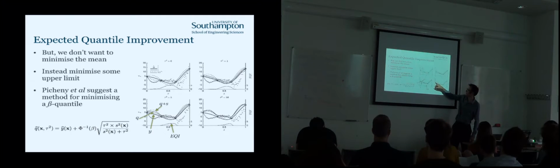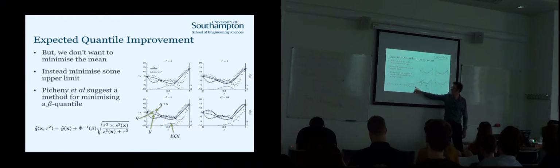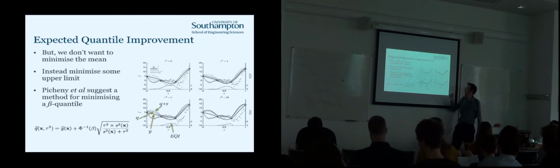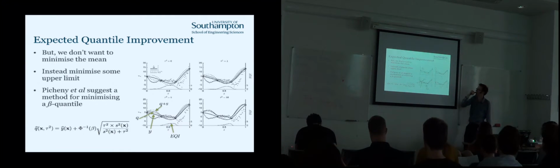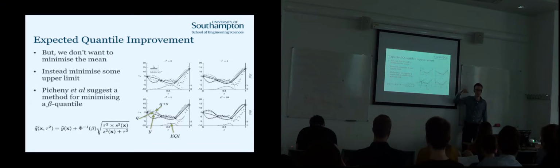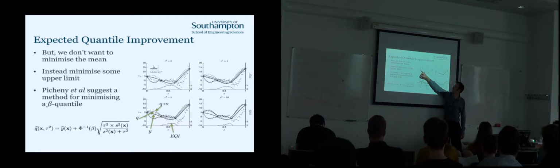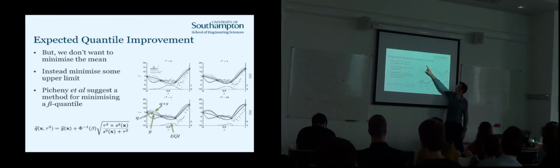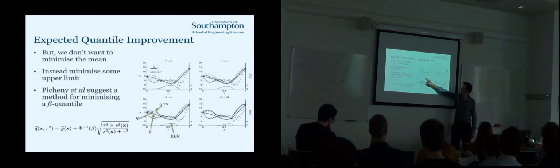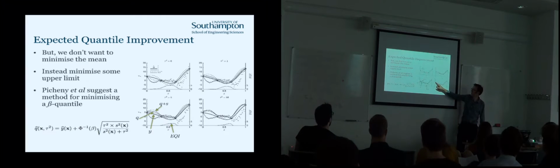If we have a high value of beta, we'll go up more. And then we've also got this noise parameter here. If we've got very low noise in our observations, we're going to be more towards the mean. This is with tau squared equals 0. And as we go up in values of tau squared, we increase here.